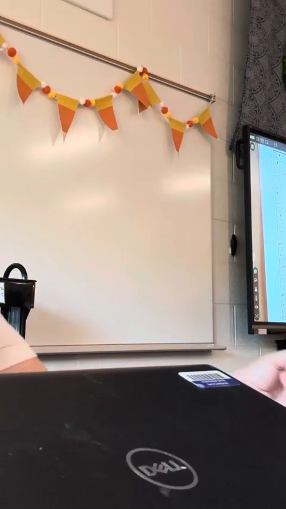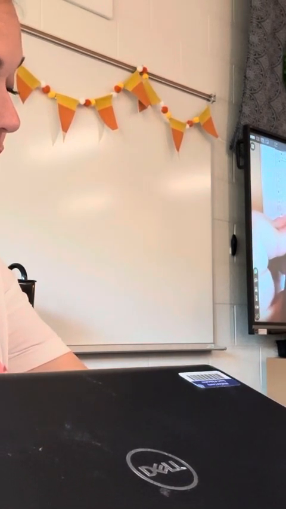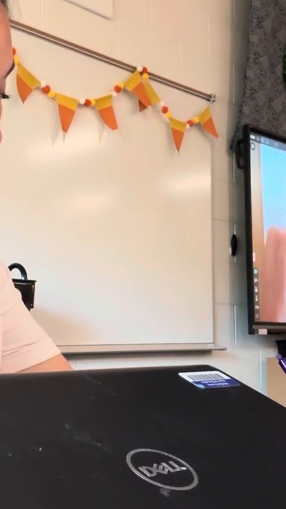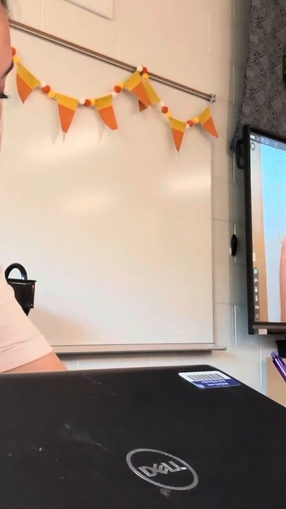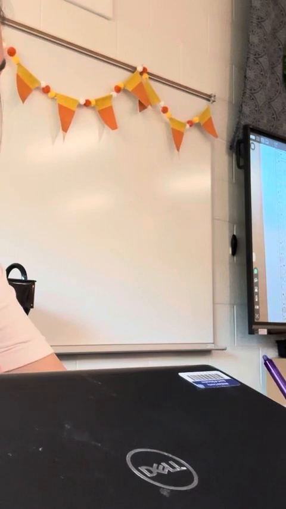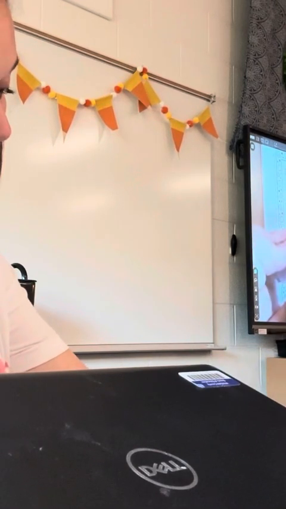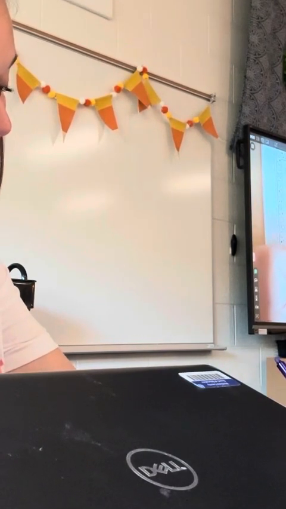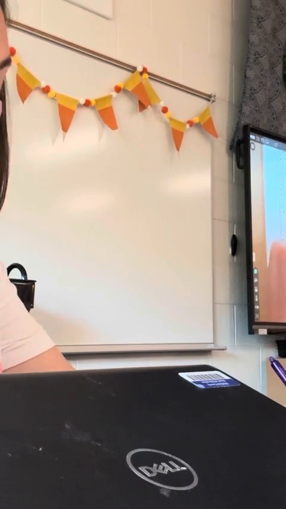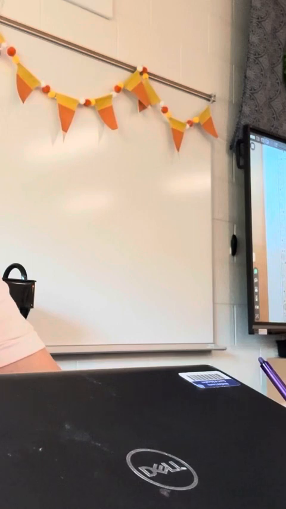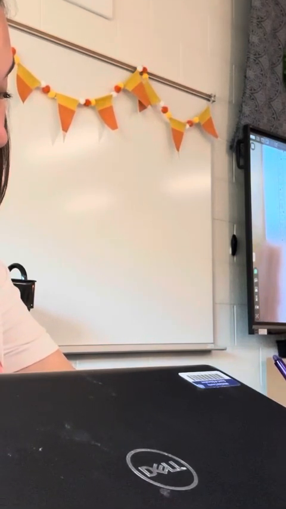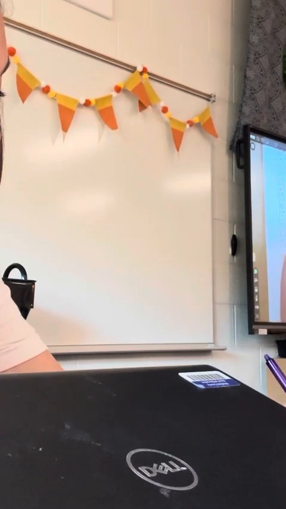Okay, so distributive property is used to simplify expressions by, and I'm just going to put the X here for multiplying, by multiplying a single term by two or more terms inside parentheses.